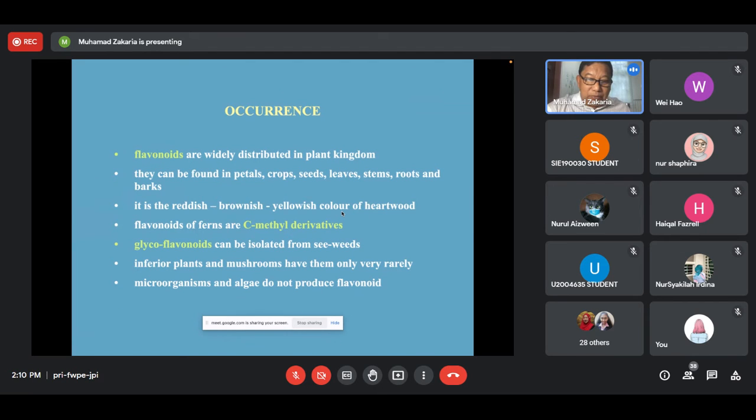Glycoflavonoid can be isolated from seaweed, so that's why seaweed is a bit like jelly. Inferior plants and mushrooms only very rarely have flavonoid. Microorganisms and algae do not produce flavonoid.